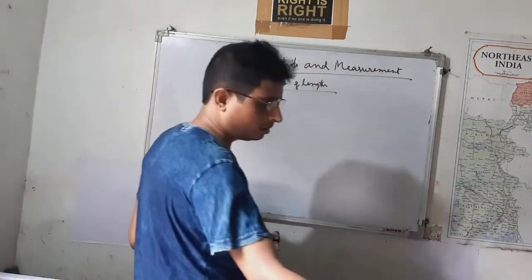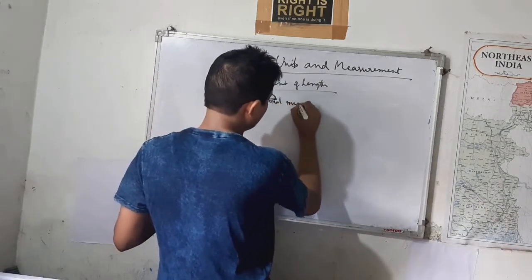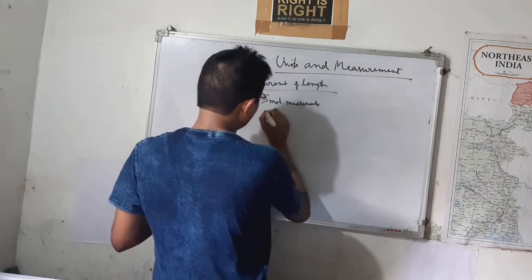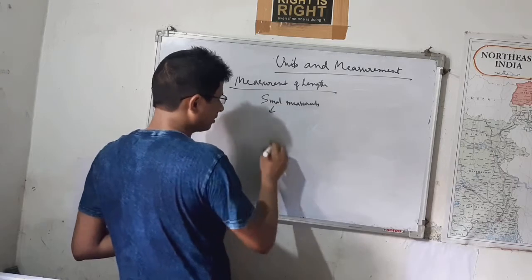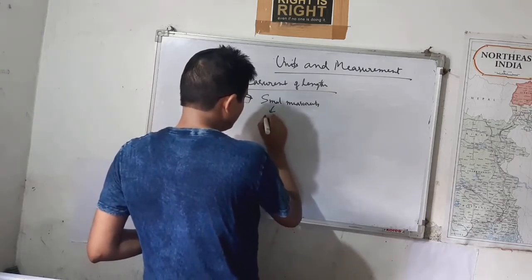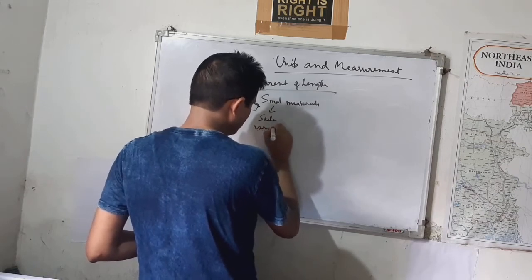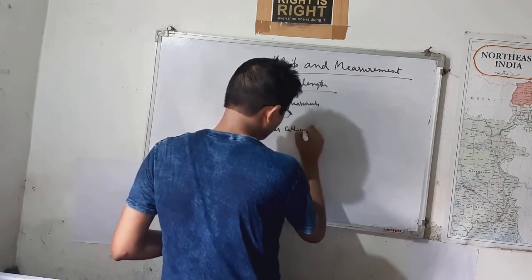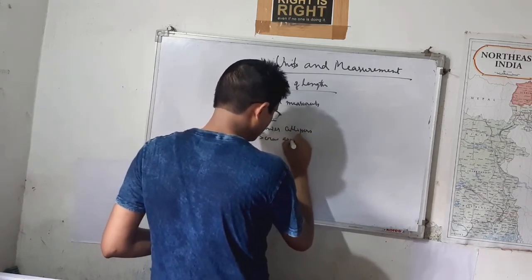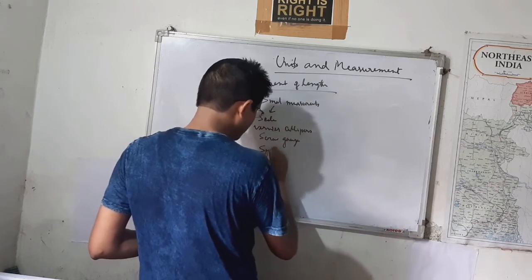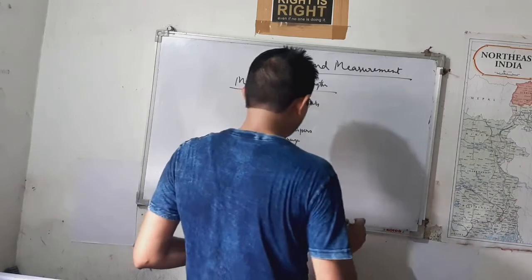So for small measurements, meaning day-to-day life in general, we use a scale, vernier calipers, screw gauge or spherometer.